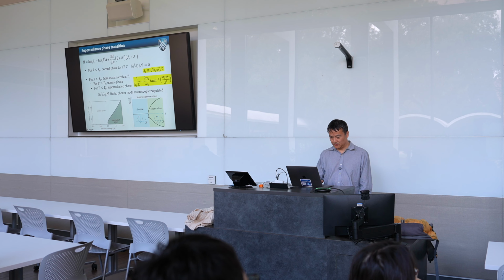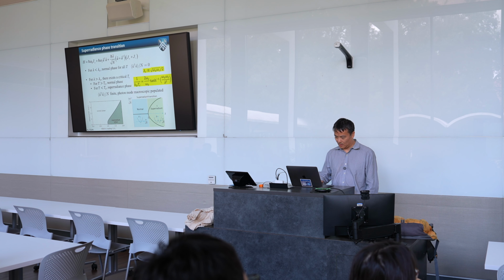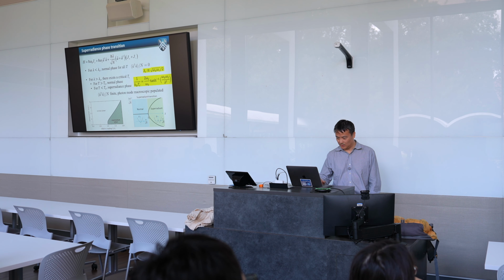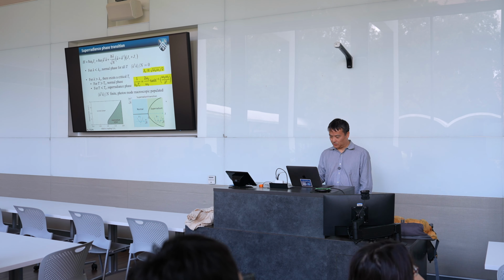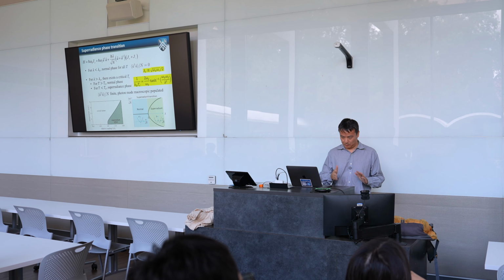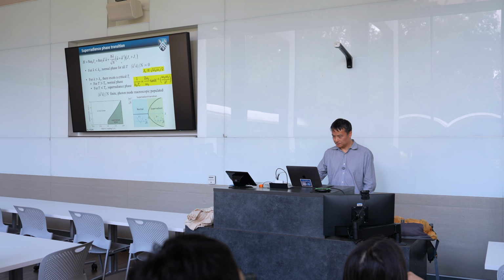The normal phase obeys the Z2 symmetry, and the superradiance phase breaks the Z2 symmetry, and the two states are Z2 symmetric to each other. So for my talk, I'm going to focus not on the dynamics of the superradiance phase transition, but on the ground state and the static properties of the Dicke Hamiltonian and the superradiance phase transition.